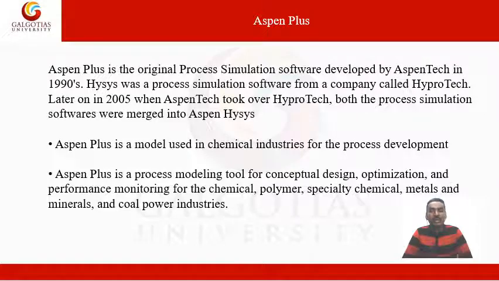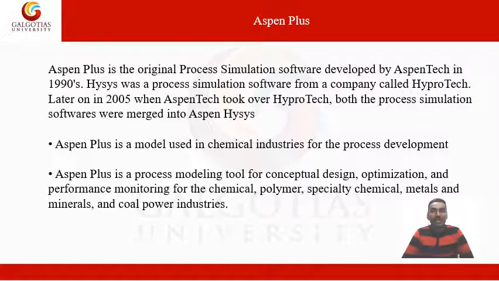So this is a model used in the chemical industry mainly for process development. I told you earlier, each and every software used in the chemical industry has a unique system for its respective chemical applications. In such a way, this Aspen is used for process development.